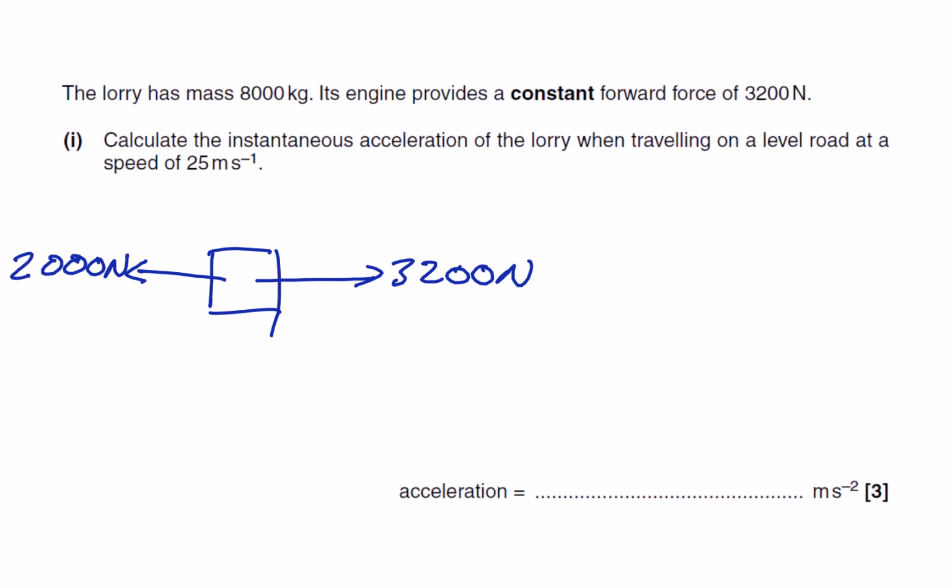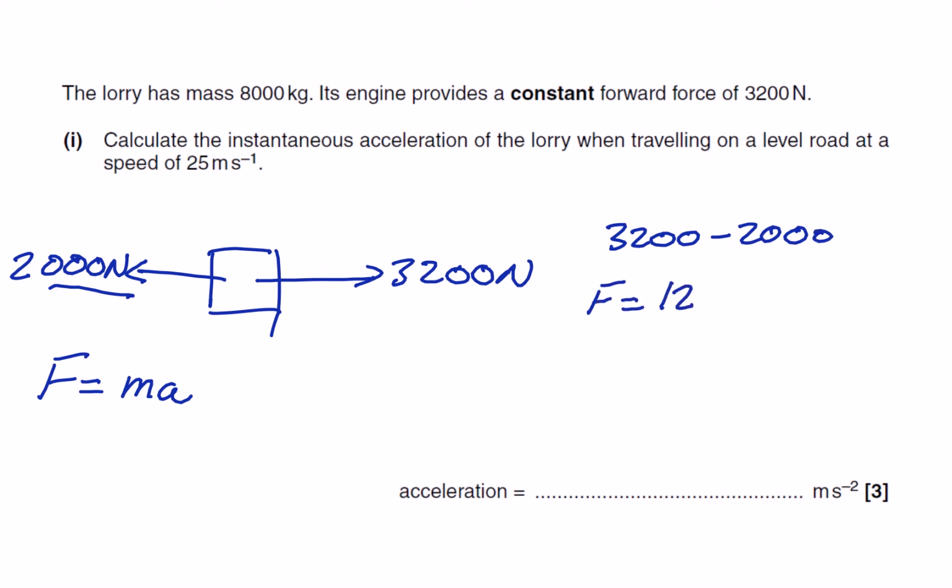And we're going to be using F equals ma, but as always the F in this equation is the resultant force, and it's the resultant of these two forces here. So if we combine those two forces, that's 3,200 minus 2,000, which gives F equal to 1,200 newtons.